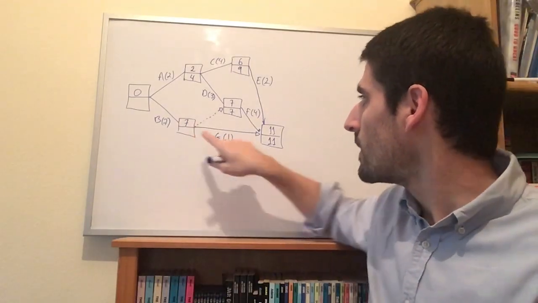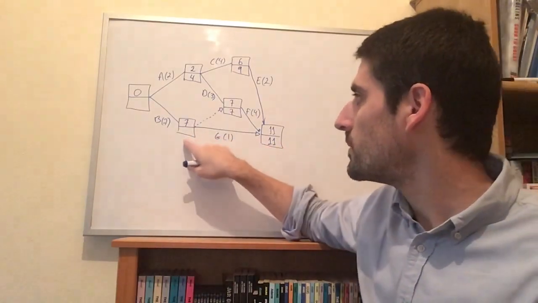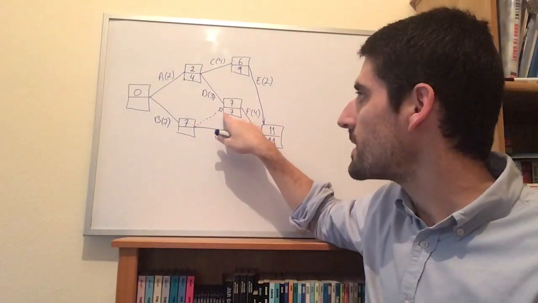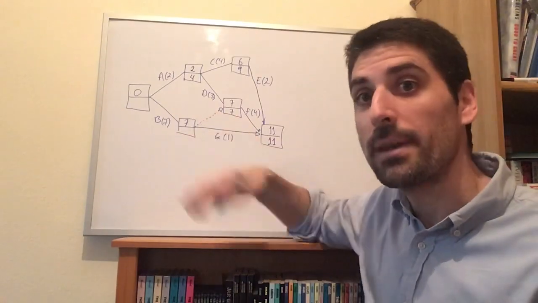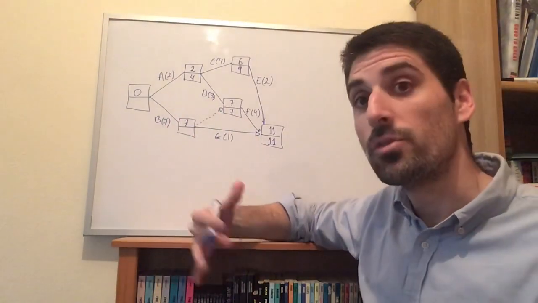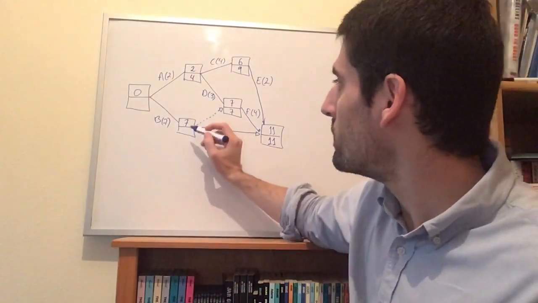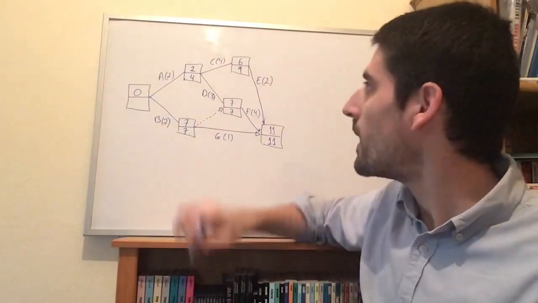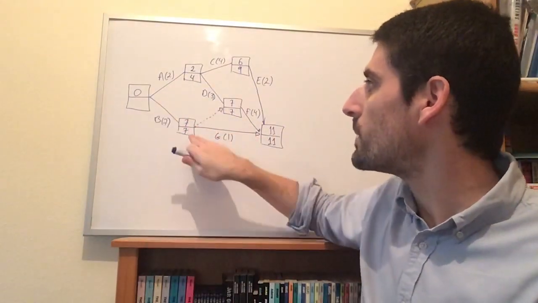Here, I've got 11 minus 1, which is 10, but 7 minus 0, remember, dummy activities don't have any cost. 7 minus 0 is 7, and I have to choose the lowest out of the two, so that's going to be a 7 there. And now 4 minus 2 is 2, but 7 minus 7 is 0.